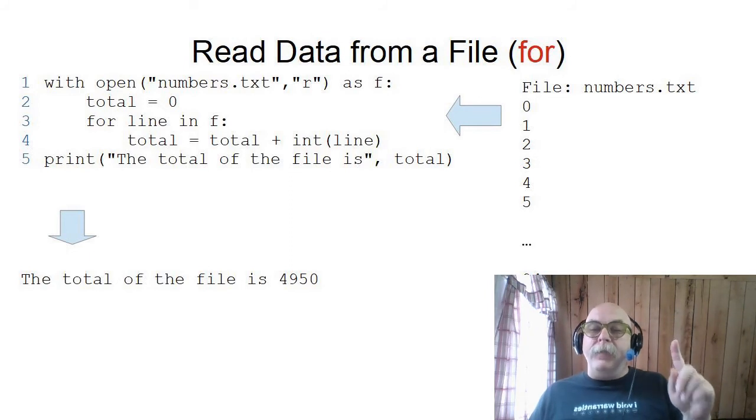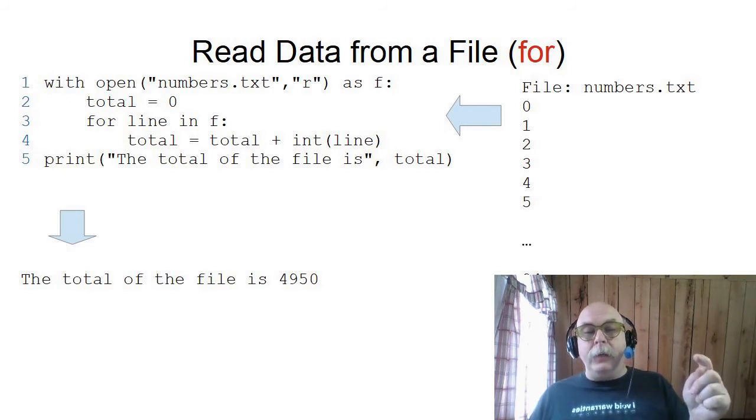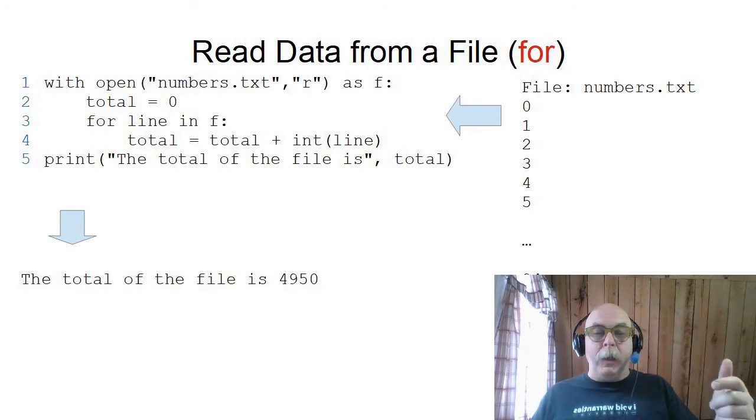And so on line 4, you can see that I convert the line to an integer. So I take that number that we read in, that string that we read in, convert it to an integer, I then add it to total and save it as total. So total grows each time we go through the loop. If the file contained 10 numbers, it would total up 10. If the file contained 1,000 numbers, it would total up 1,000.